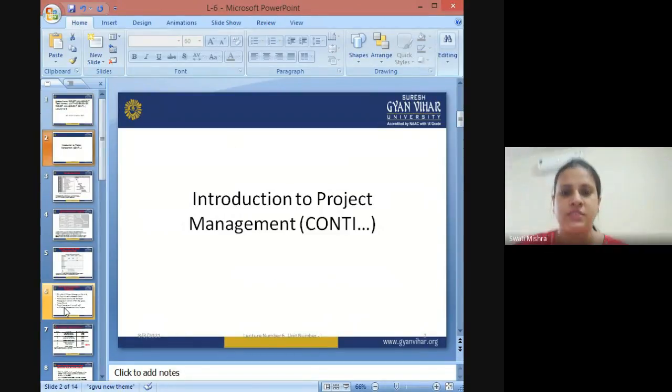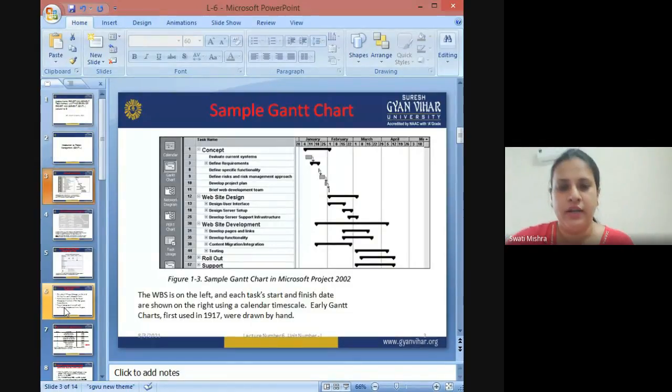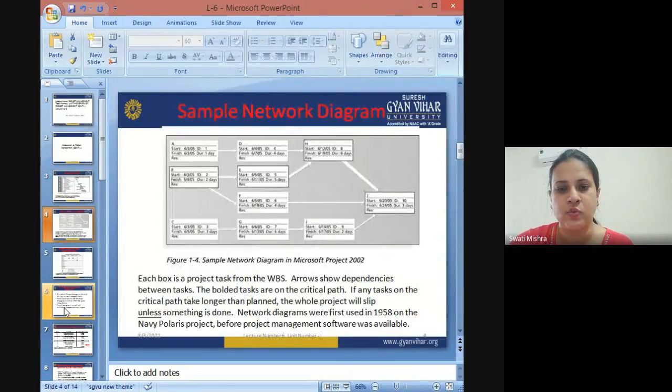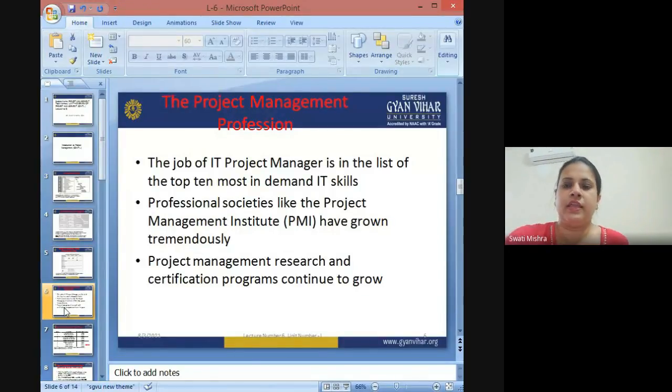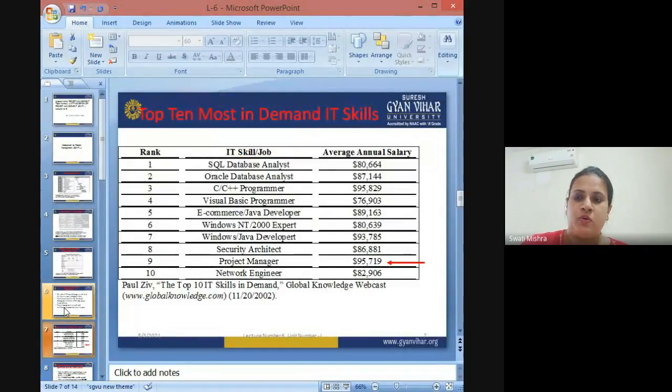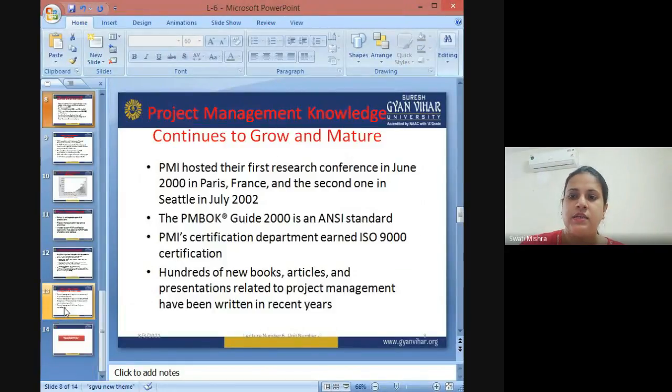I started this session with the discussion of the different types of project management techniques using Gantt charts and network diagrams, then the sample of an enterprise project management tool I had shown you. Then I discussed project management as a profession also, and I told you that it is one of the top 10 demanded skills.